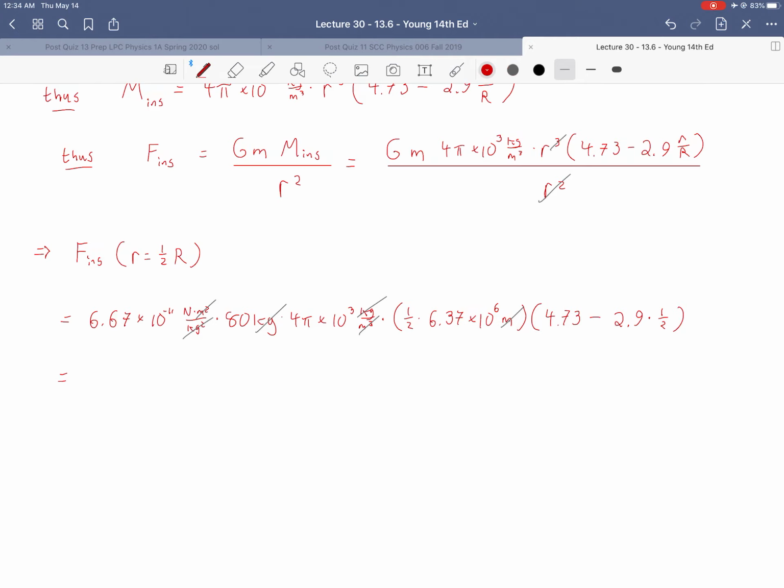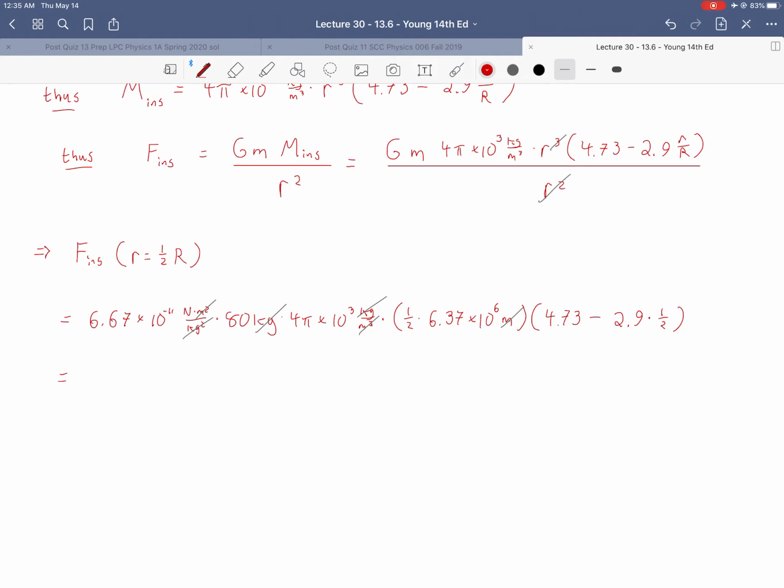It's always a good idea when you're doing these integrals and the antiderivatives of polynomials just to check your work there. All right, times 10 to the negative 11, I'm just plugging in the numbers. Okay, times 80 kilograms times 4 pi times 10 to the 3, and that's just to get the densities realistic.